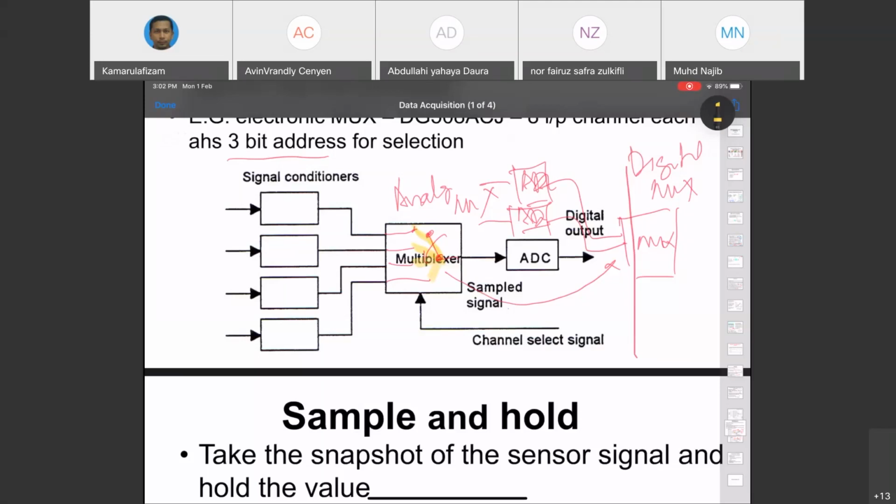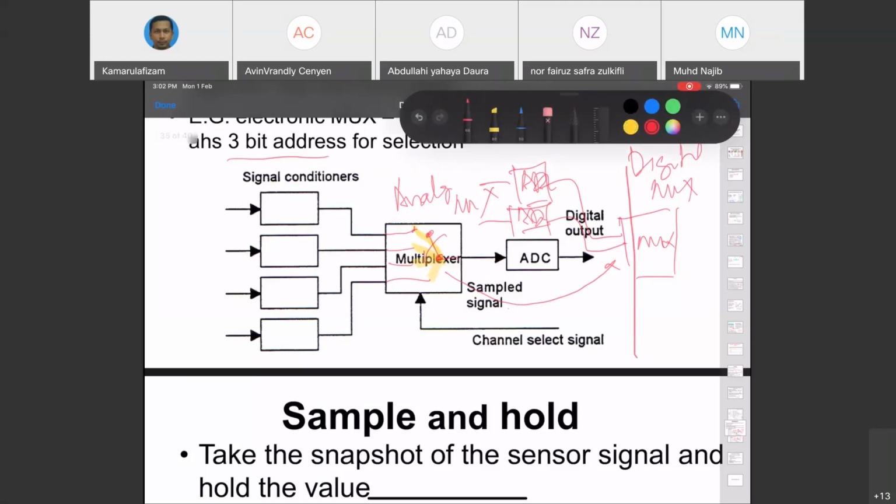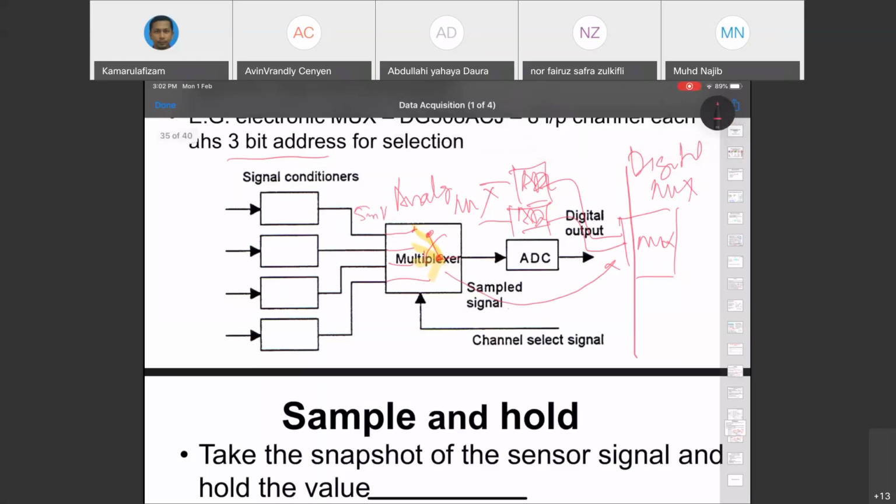If your incoming signal is, for example, 5 millivolts, when it goes through the multiplexer, it can become 5.7 millivolts. This is the problem with any analog system.